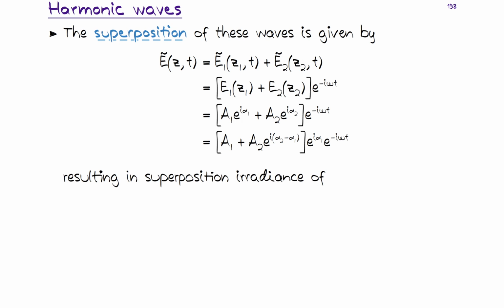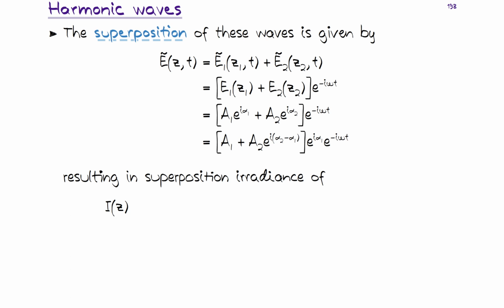And now I can really calculate the irradiance distribution of this superposition quite easily. Since these two terms are exponents, and I know that the modulus square of these gives me unity, the only thing left that gives me some kind of interference effect is this term. And I only need to look into that.